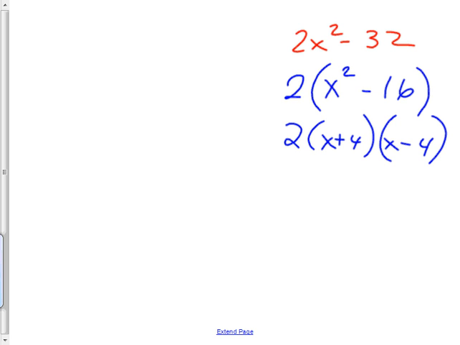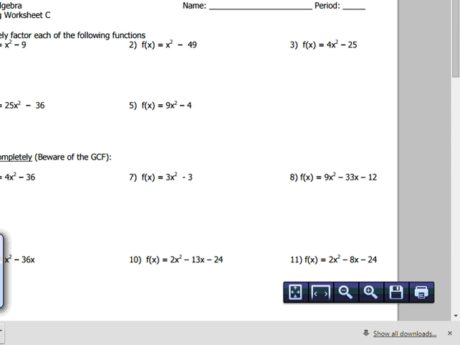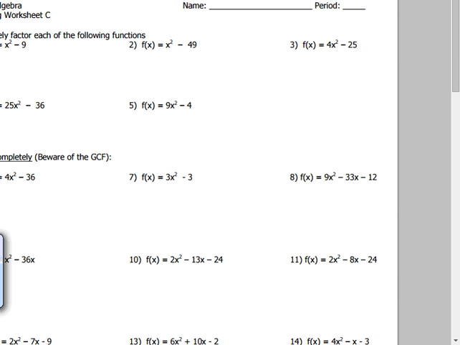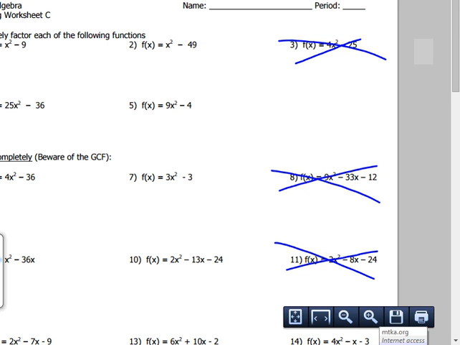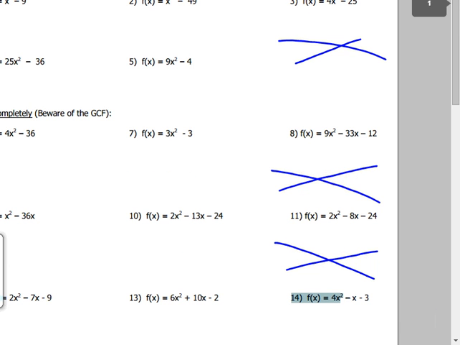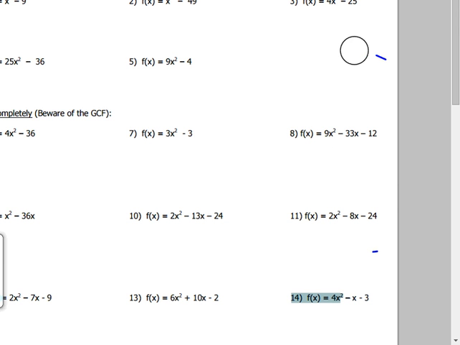Now let's just jump right onto the homework and I'll start it with you together. It is called factoring. Okay, in factoring worksheet C, we need to shorten this up a smidge because even though they're not too tough, because you guys are pretty good at factoring, there's too many. 3 and 8 and 11 and 14 are all gone, but I want you to do the rest of them. 14 is a cross off also.